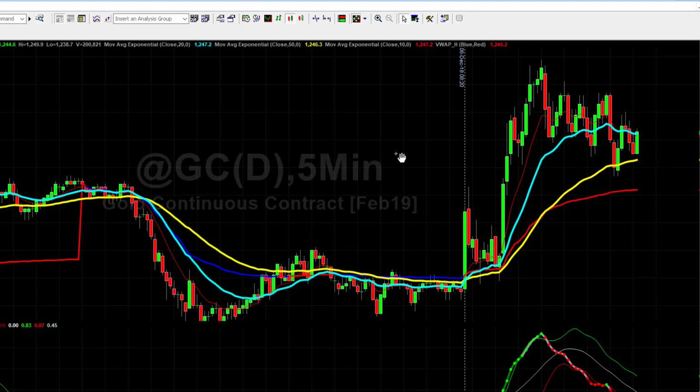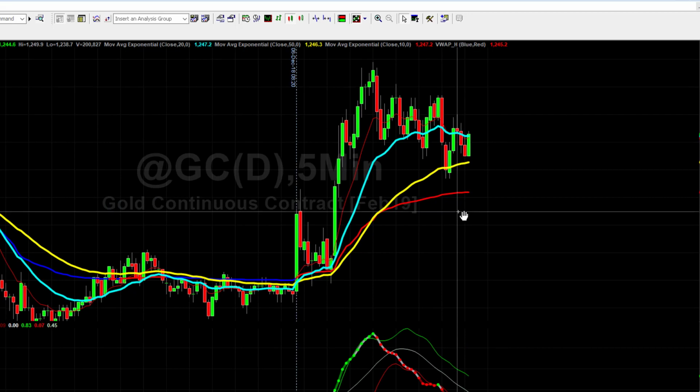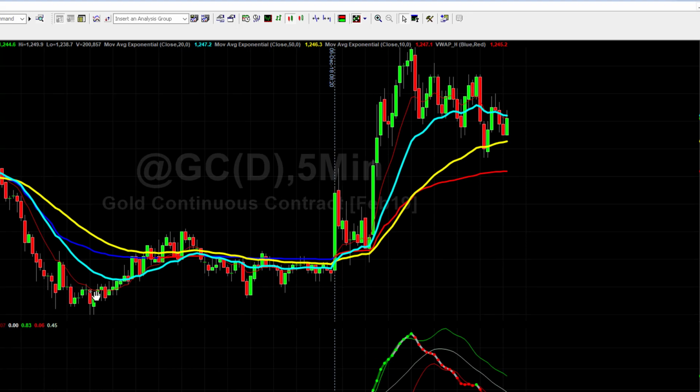There we go. What'll happen is that the market will try to get back to that equilibrium point, that point of value. If the market's trading below the VWAP on a daily basis, it's going to try to get to where the value of the market is. The VWAP gives you an indication of where the value should be.